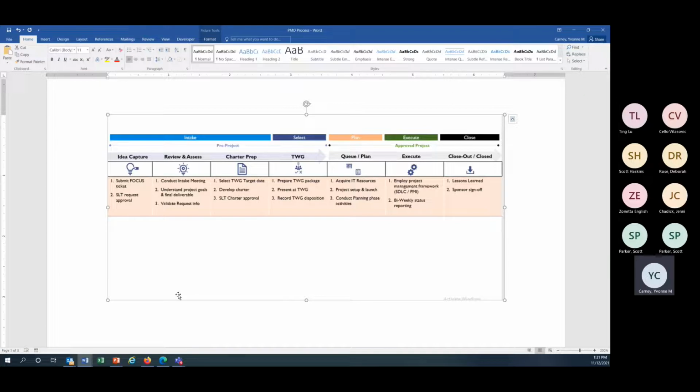So some of this could potentially be less bureaucratic. But the bigger thing is under the review and assess. That's an area where I hope to help influence that to be better.